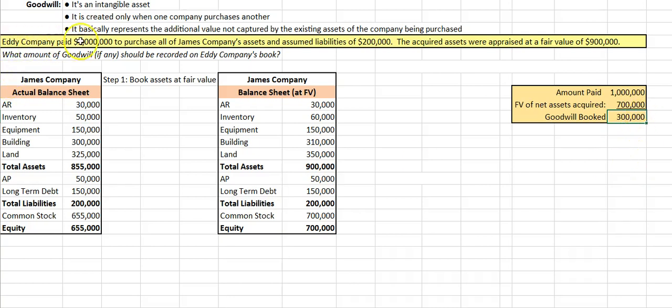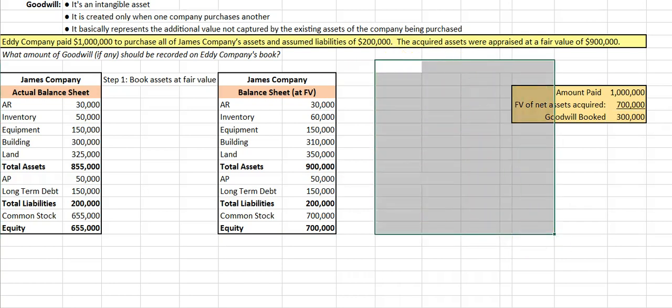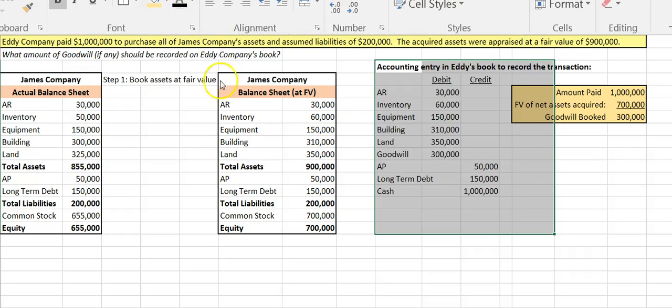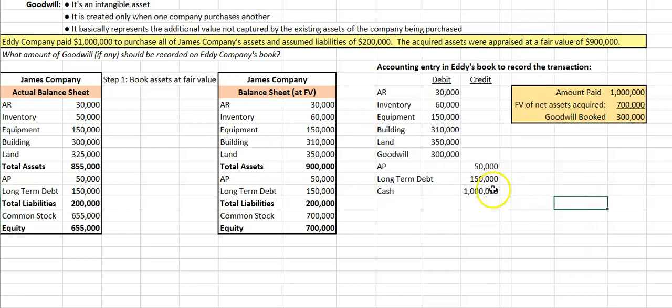So when Eddy Company purchases James Company, here's the transaction that they're going to do. Okay, Eddy Company is going to pay $1 million cash, right? So that's going to leave Eddy Company, and they're going to bring in all these assets at its fair value here, right? So those are going to cover these over here.